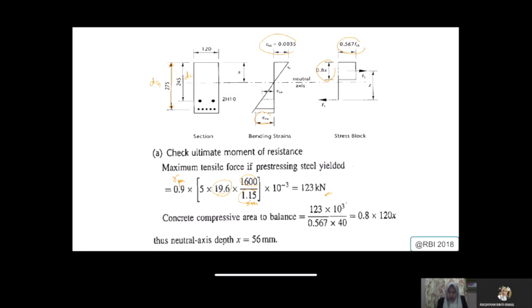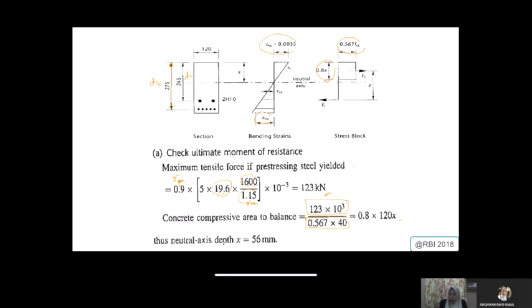So for the concrete compressive area to balance, you have 123 times 10 power of 3 divided by this. You get 0.8 multiplied with 120x. So you equate the equations: 123 times 10 power of 3 divided by 0.567 times 40 equals 0.8 multiplied with 120x.